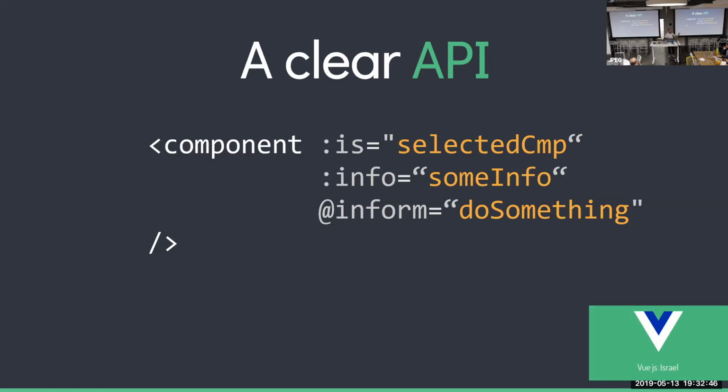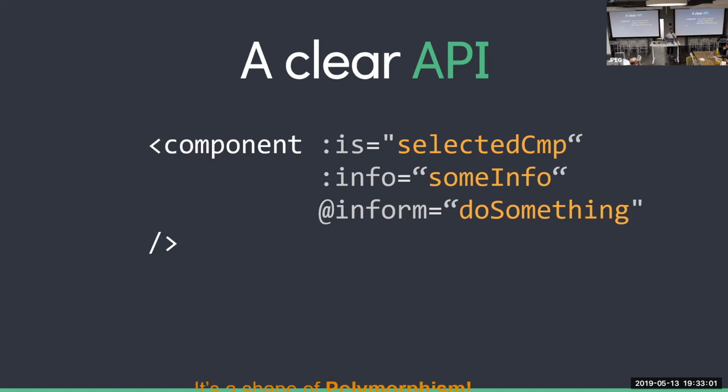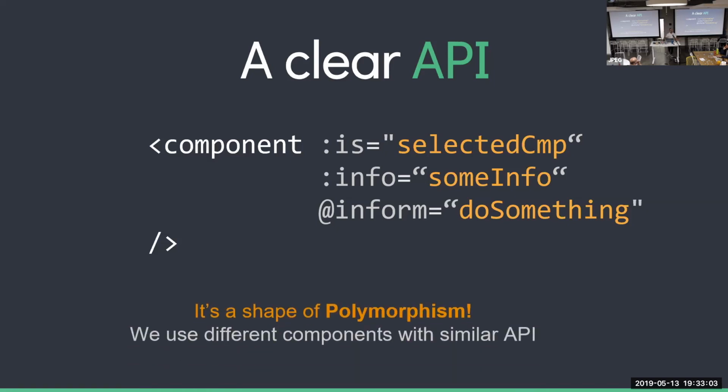For example, here we have a component that gets an info prop and always emits an inform event when it needs to inform something to the parent. So all the components will have a clear API, and I will be able to switch them. This is actually a shape of polymorphism, a way that I can work with different components with the same API and get a great power of reuse and abstraction.